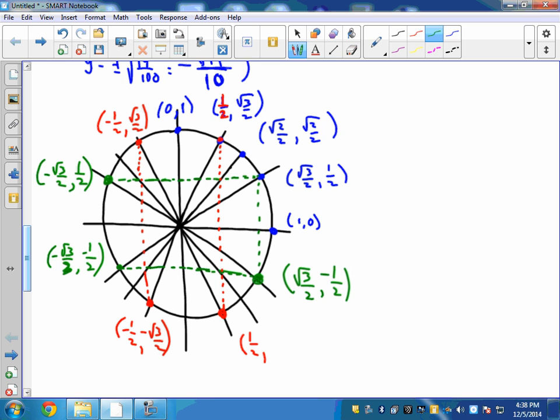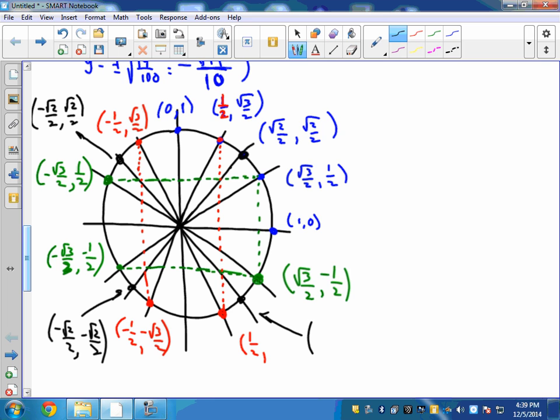And then the only ones we're missing are the 45 degree lines. So this one, again, just the same root 2, this time negative, and then positive. Down here, both x and y would be negative. And over here, just the y is negative.